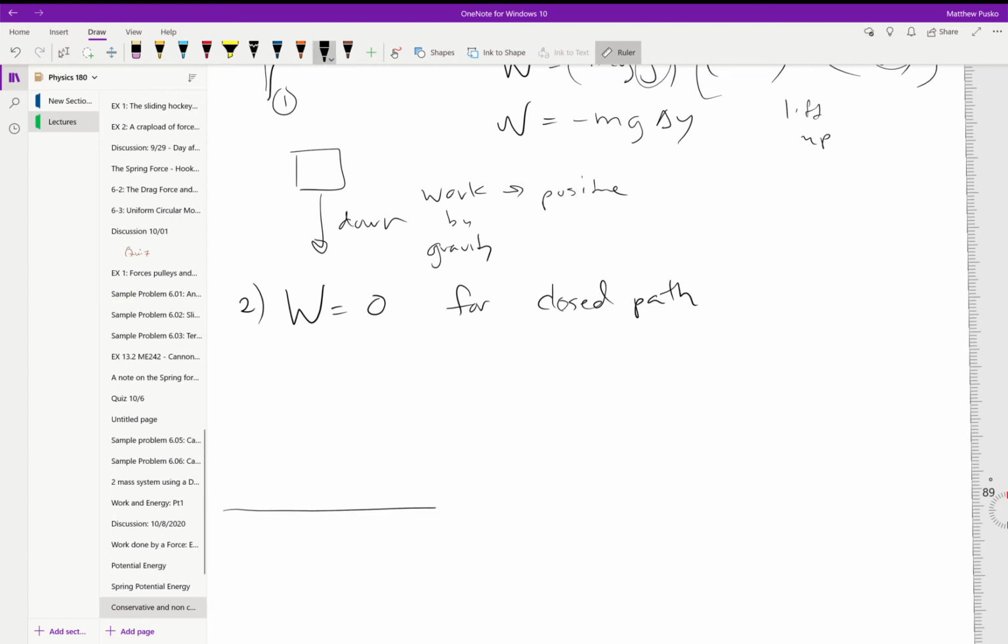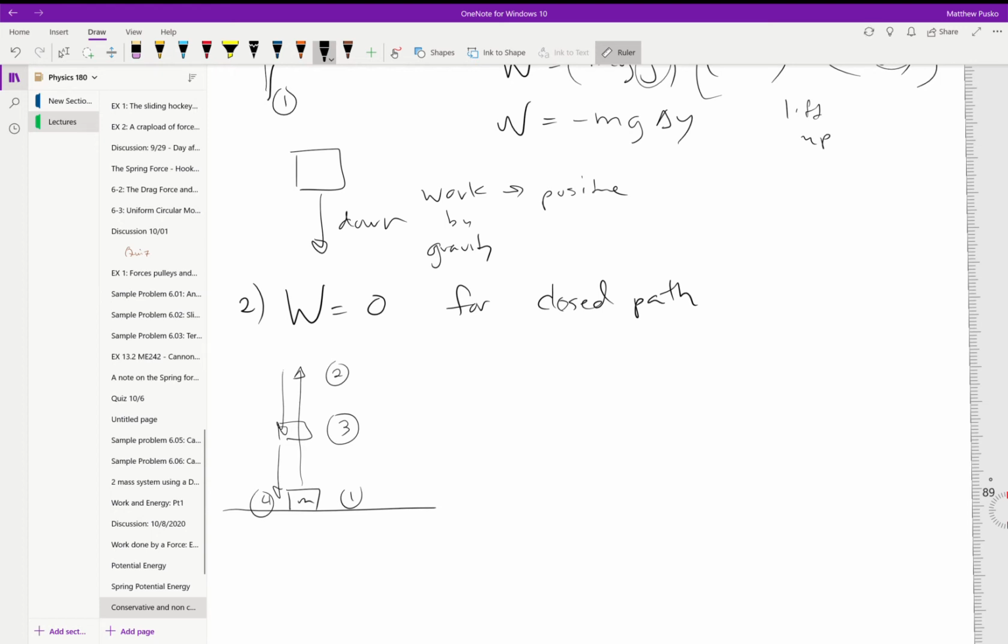Say we lift some mass from the ground at point 1. We lift it up to point 2, and we bring it back down to point 3. And then we bring it back down to point 4, all the way back down on the ground.